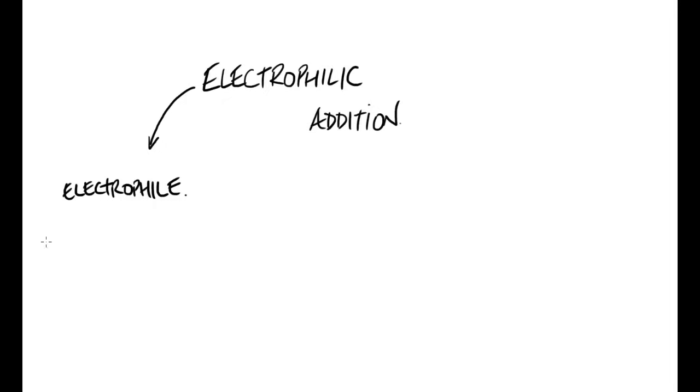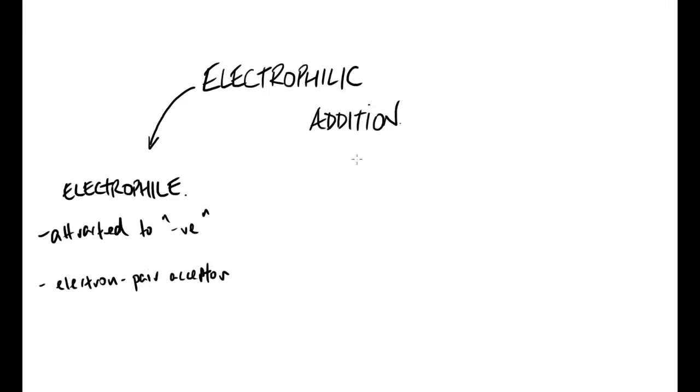And so really an electrophile is the complete opposite. It's attracted to negative, and I'll put that in speech marks for now. In terms of a definition, it's an electron pair acceptor. So it is the complete opposite of a nucleophile.